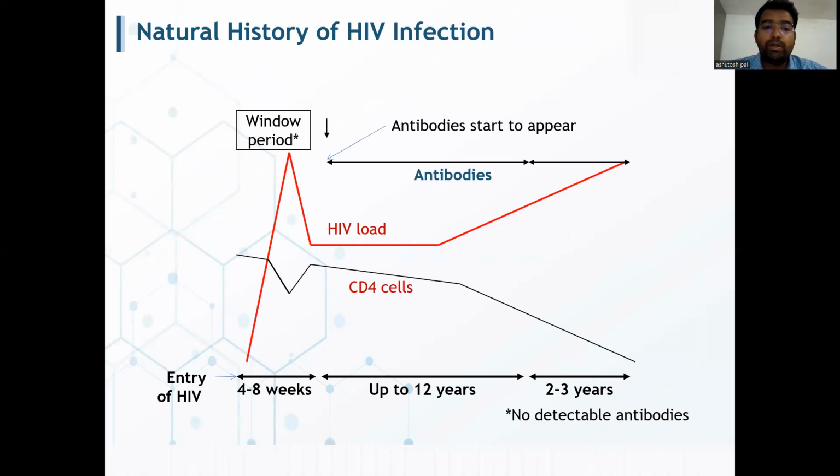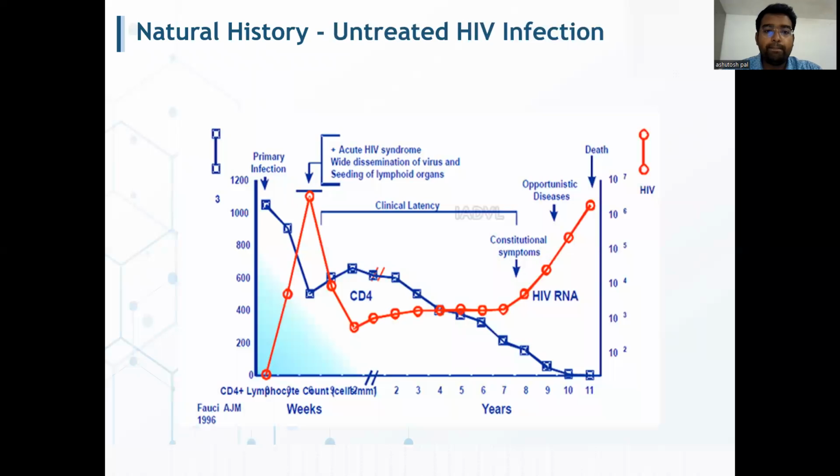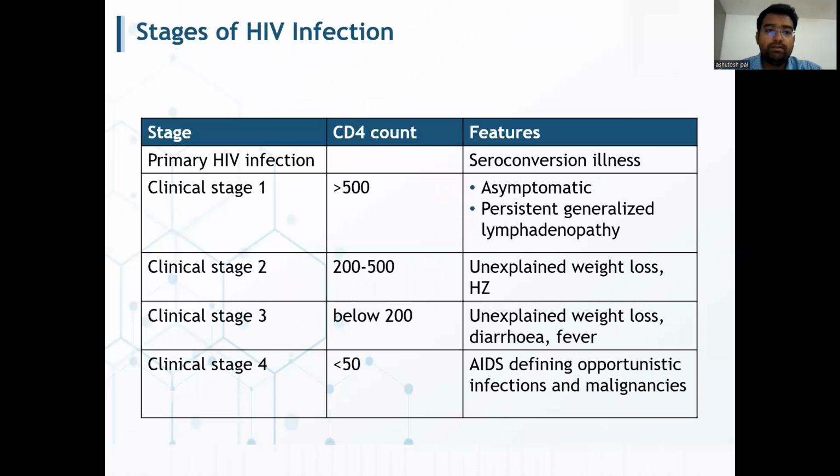So in the window period, it is not possible to detect HIV by antibody-related methods. The viral load increases and then reduces because of the presence of antibodies at the end of the window period. The CD4 cell count slowly reduces as the disease progresses. This is another chart depicting the same thing.